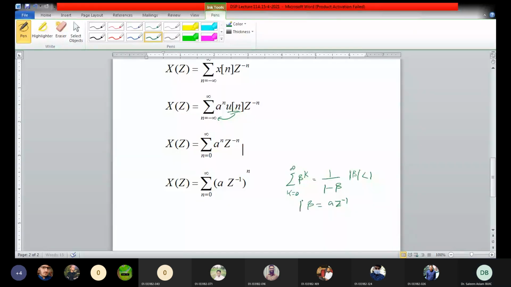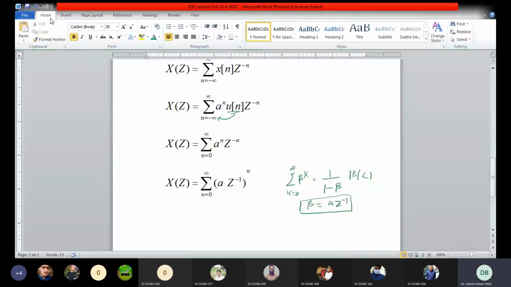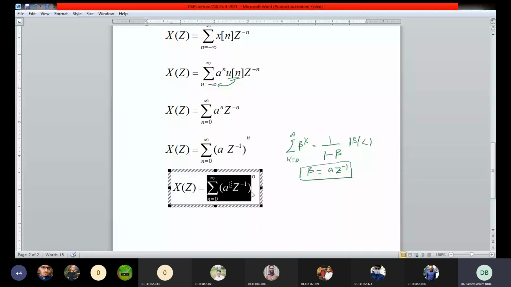Based on this, we can simplify this expression like this. Let me remove all this.